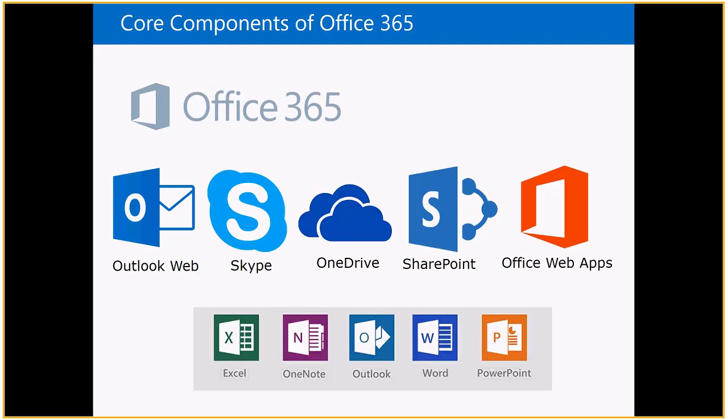One of the big cloud offerings right now, and the one that your company is taking advantage of, is Office 365. Office 365 is Microsoft's cloud-based suite of applications, and it's comprised of many different things, most of them shown up here on the screen for you.